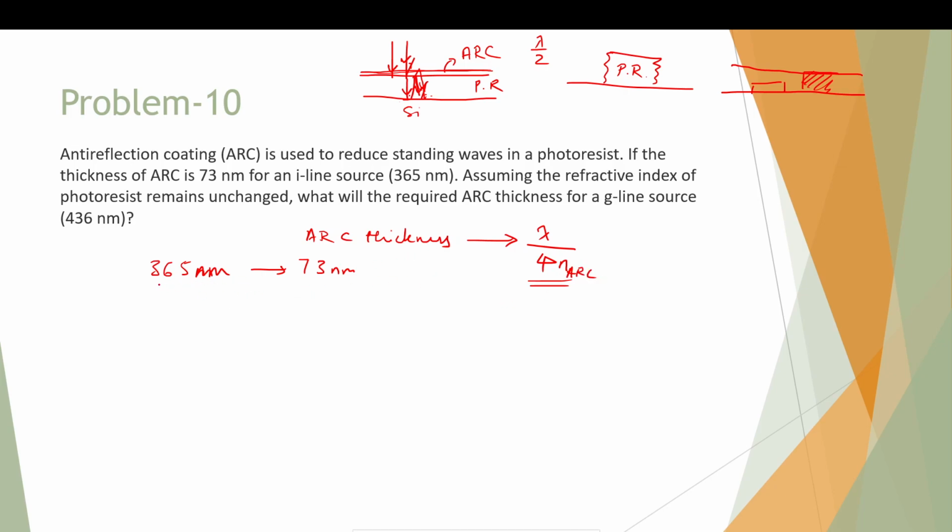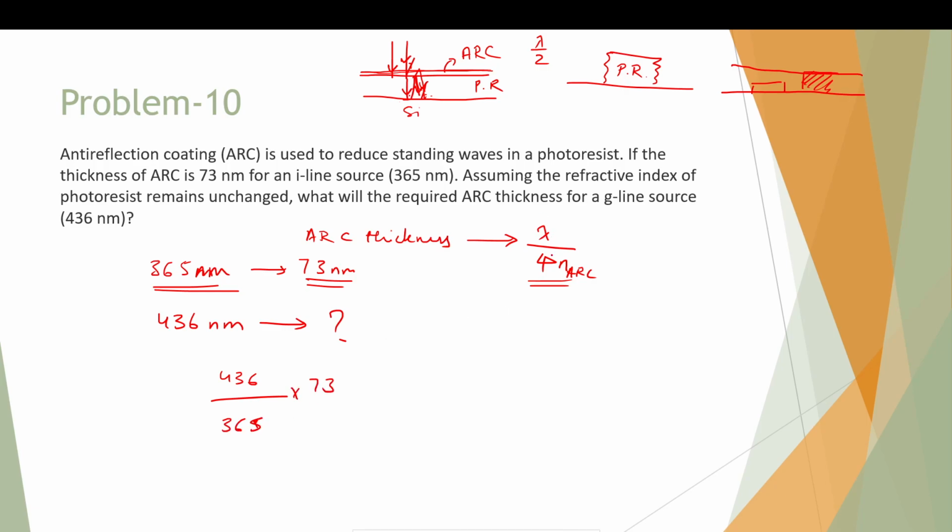Okay. So for a 365 nanometer source, the ARC thickness is given to be 73 nanometers. Then for a G line source, which is 436 nanometers, what will be the thickness? It's just 436 upon 365 into 73.